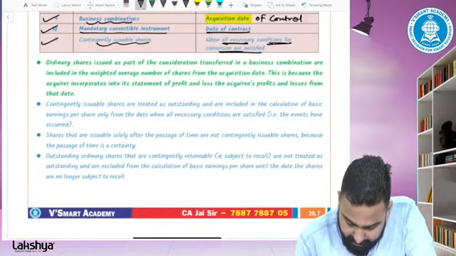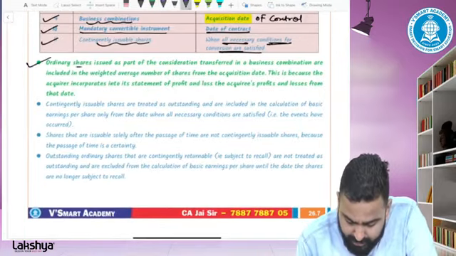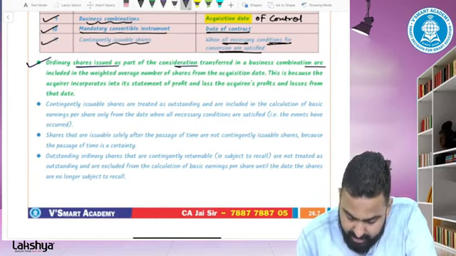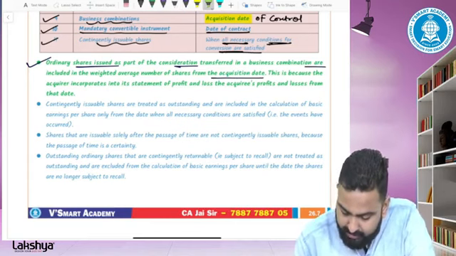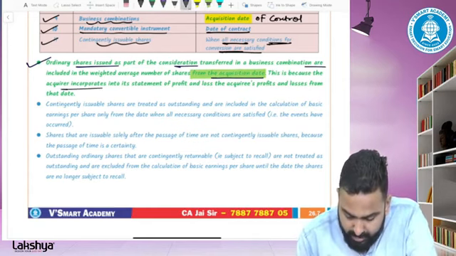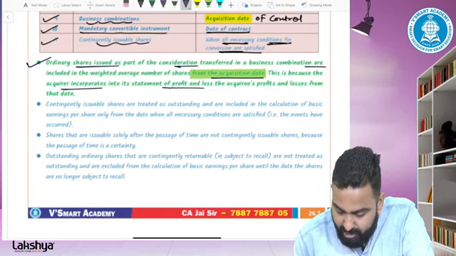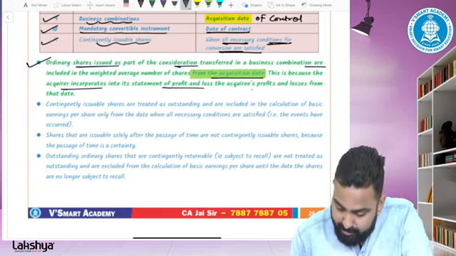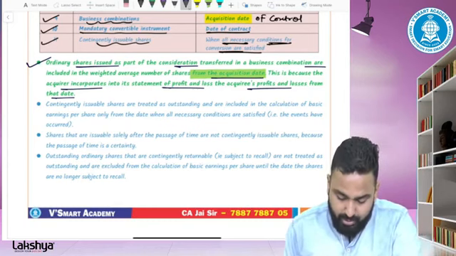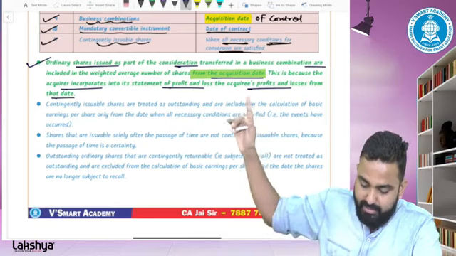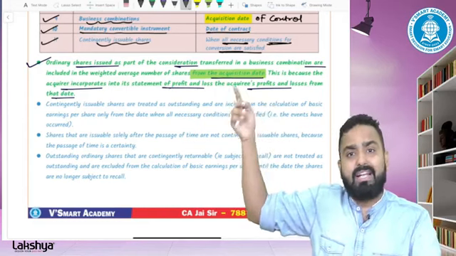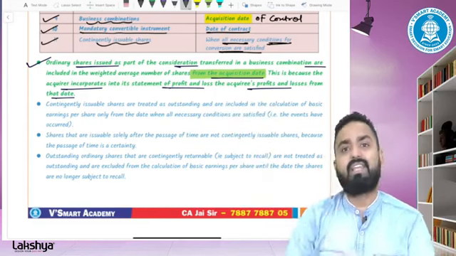Next one, ordinary shares issued as part of consideration transferred in a business combination are included in the weighted average number of shares from the acquisition date. This is because the acquirer incorporates into its statement of profit and loss the acquiree's profit and loss from that date. Obviously, under business combination, under amalgamation, the date of acquisition is very relevant.